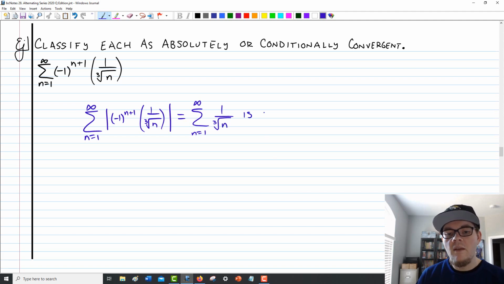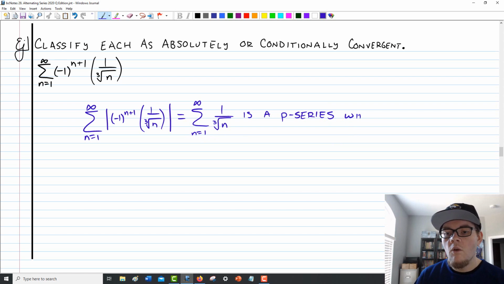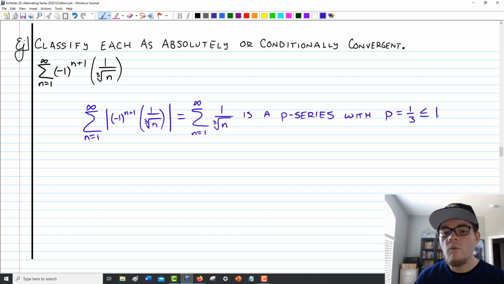Now that is a p-series. Again, you don't necessarily have to write this out, but you do definitely need to write out to this point. That's a p-series with p less than or equal to 1. P equals 1/3, which is less than or equal to 1.